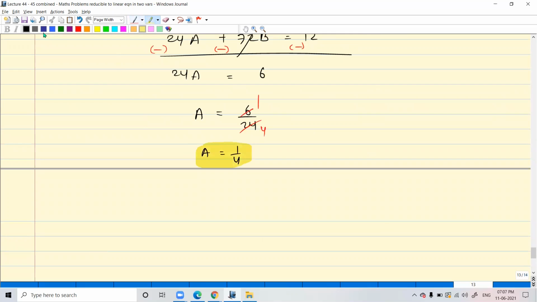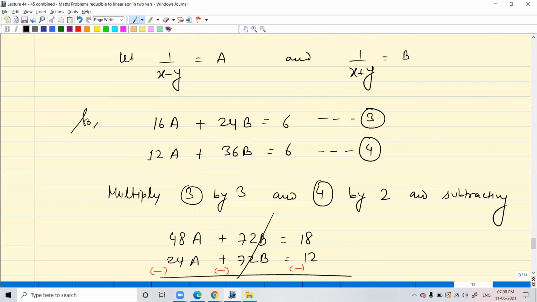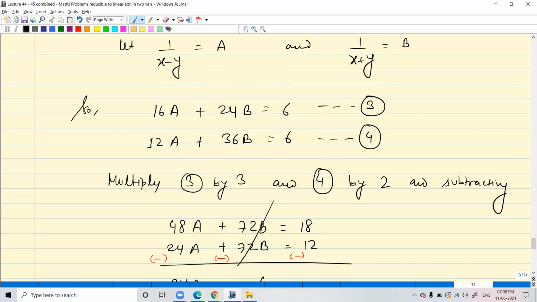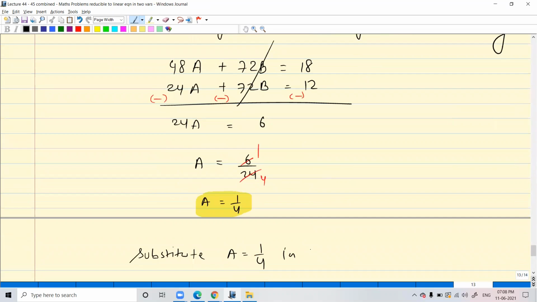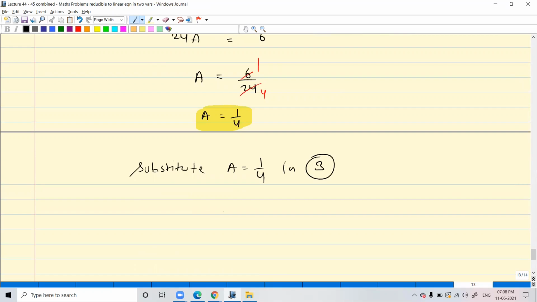Okay, so now let's take this a and substitute. In which equation should I substitute, third or fourth? I'll do it in the third one, the numbers look smaller. The third equation is 16a plus 24b, but in place of a, we write 1 by 4.